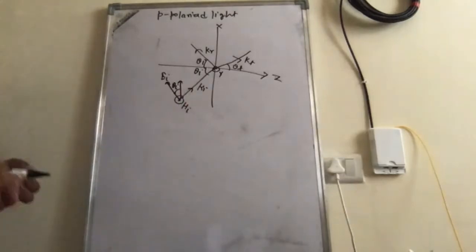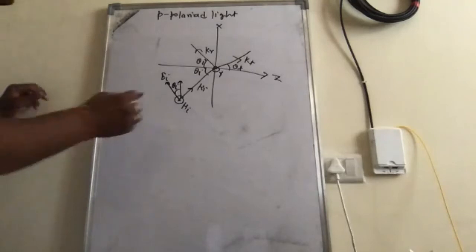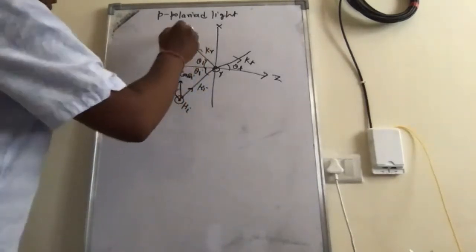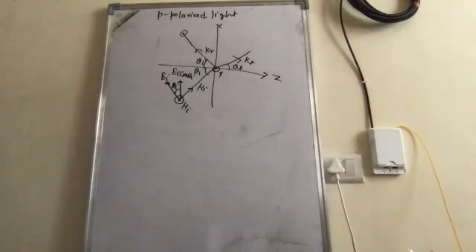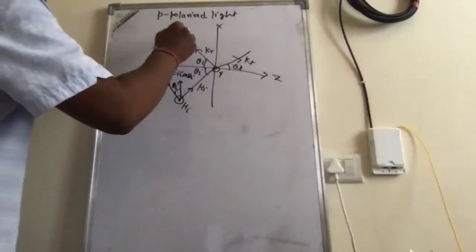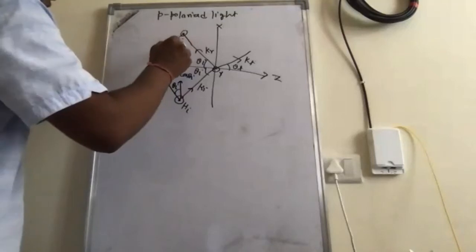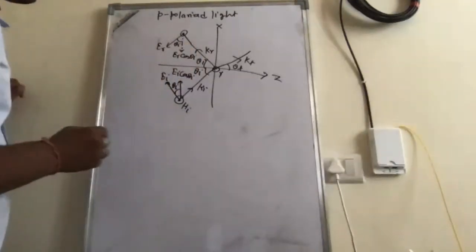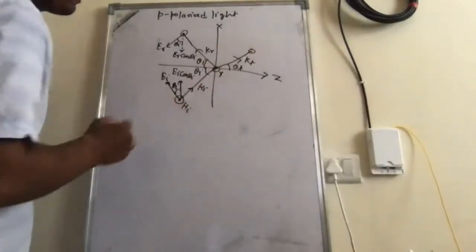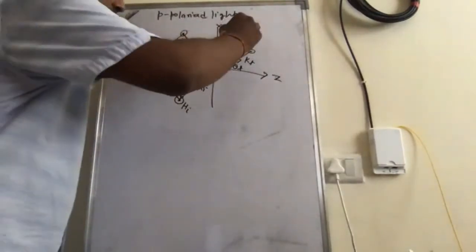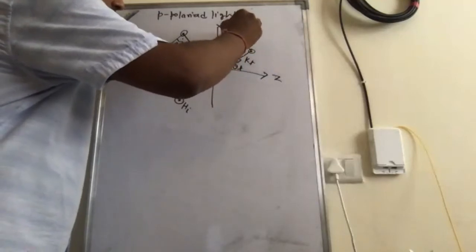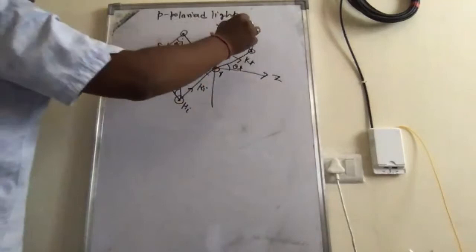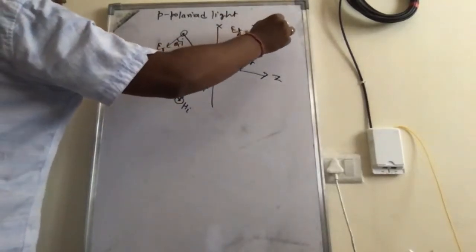Decomposing it, this is Ei cos theta I. Similarly, for the reflected case, the electric field was along the downward direction, making angle theta I with the x-axis, so this component is Er cos theta I. In the transmitted wave, the electric field was again along the upward direction, perpendicular to Kt, making angle theta t with the x-axis, and the x component of the transmitted wave was Et cos theta t.